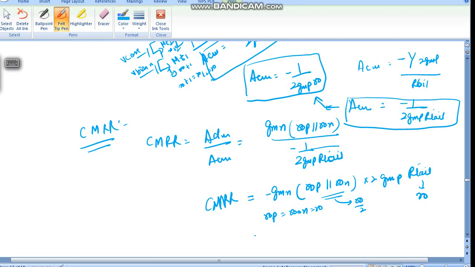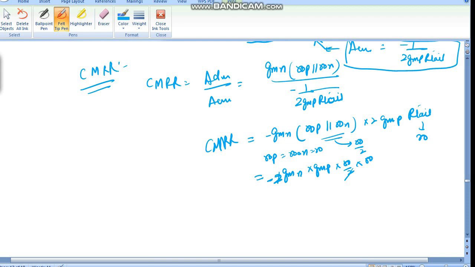So CMRR will be equal to minus GMN into GMP, 2 into RO by 2 into RO, the 2 will cancel. So CMRR is given by GMN GMP RO square.